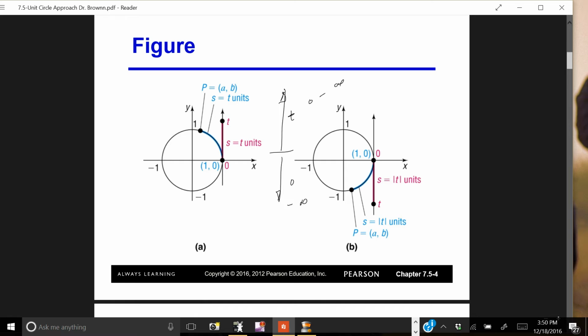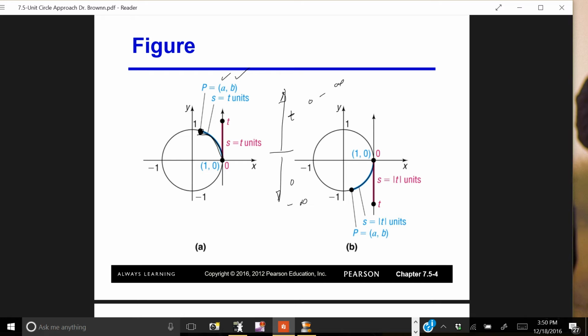And what we do is we take this line and wrap it around the unit circle, and for a given t, the end of the line wrapped around the circle would fall at a point we're going to call A and B.